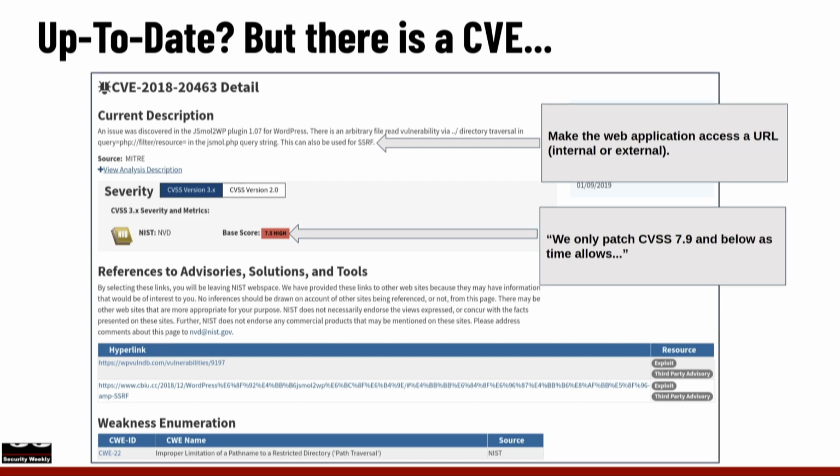Now, this particular vulnerability got a base CVSS version 3 score of 7.5. You may have a policy that says we only patch CVSS 7.9 and below when we have time, right? So if it's 7.0 or 8.0 or higher, then we apply an immediate patch, and the patch cycle is much shorter.